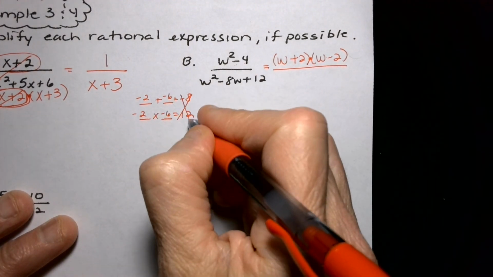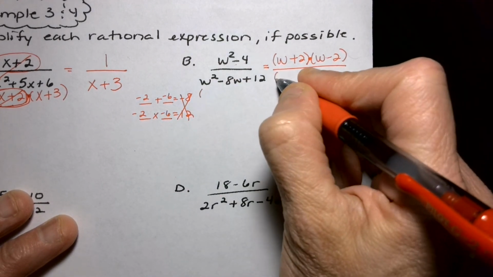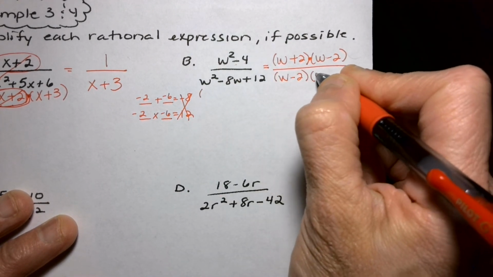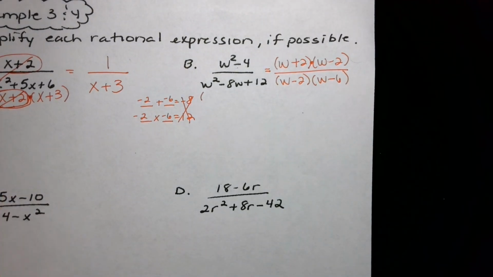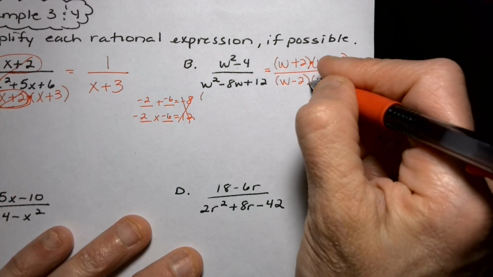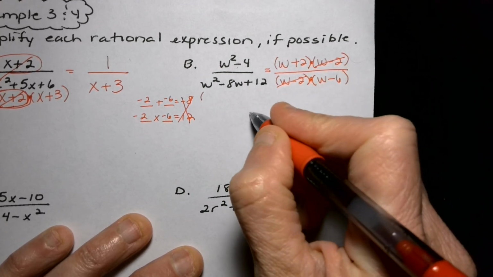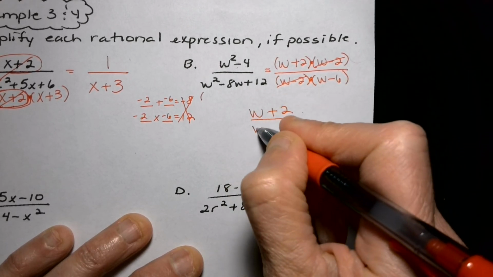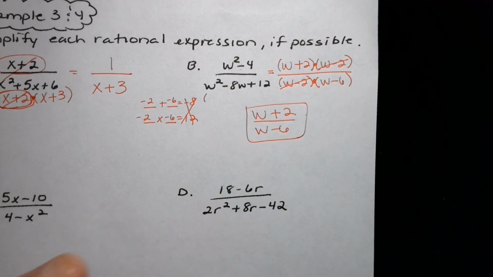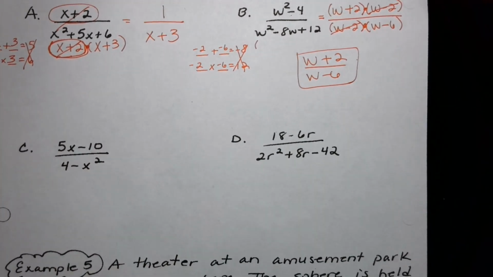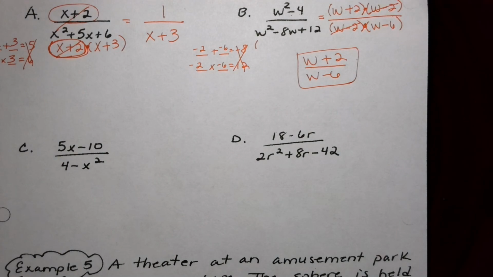Does. Yay. So we have, I'm going to write it over here, w minus 2 and w minus 6. Do you guys see it? Now we can cross those off. Once you get the hang of this, it's actually really fun to break these down and cross things off, and out they go.